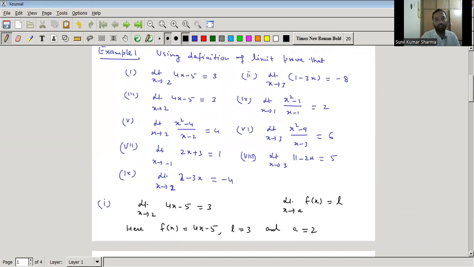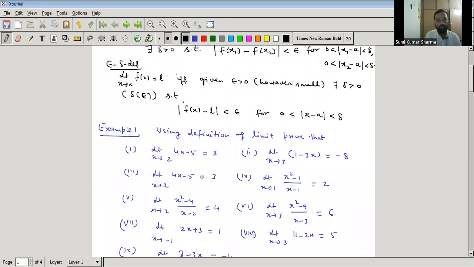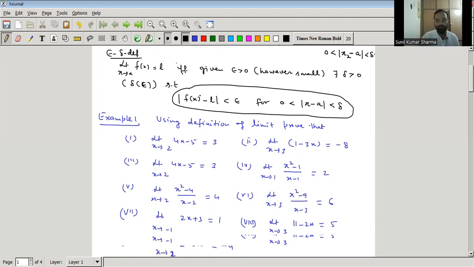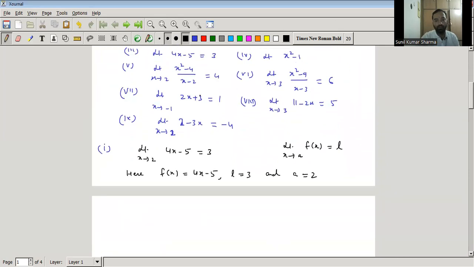So we have to keep the epsilon delta definition in our mind. Given epsilon greater than 0, however small, positive epsilon, we find a positive real number delta, that delta depends upon epsilon, so that the estimation of f(x) and the limit L is less than epsilon for mod x minus a less than delta, because we are not considering the point.